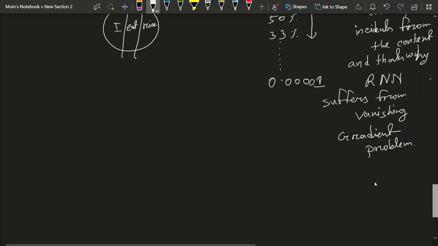So a longer message would not be able to be processed by RNN. That's why the RNN actually suffers from vanishing gradient problems.